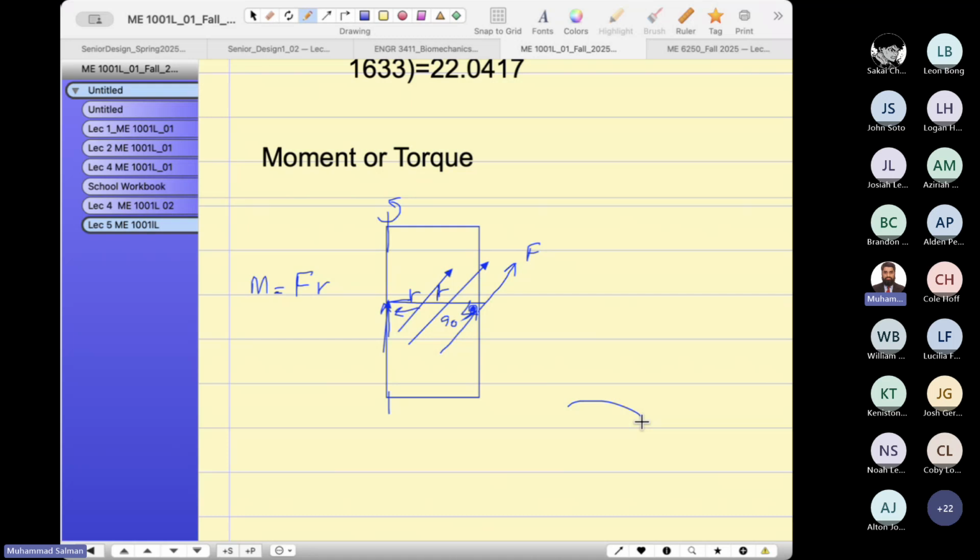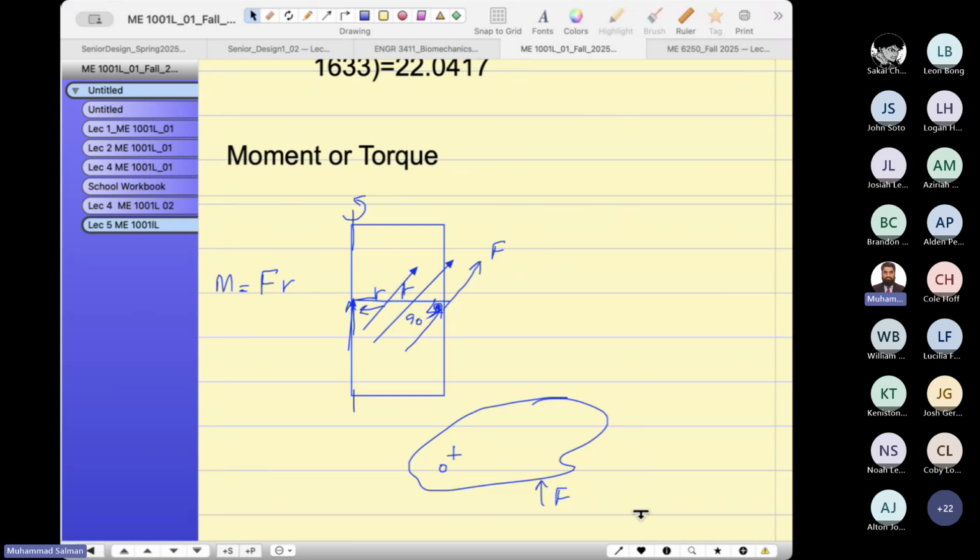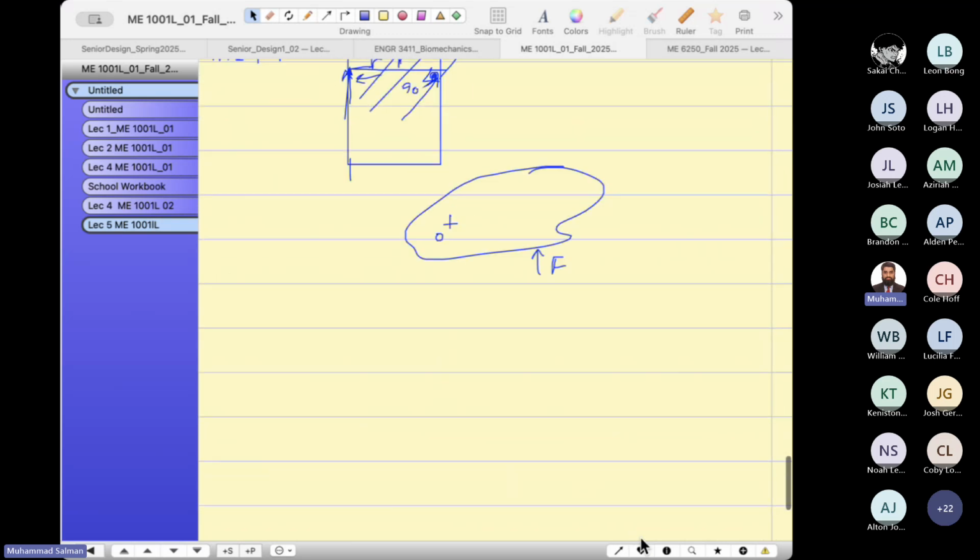Okay, let me show you another example. Suppose this is the axis of rotation. Now this is the force. I'm applying the force on this body. How are you going to find out the moment of this force? You will draw a line passing through the force vector, and the line perpendicular to this force vector is 90 degrees.